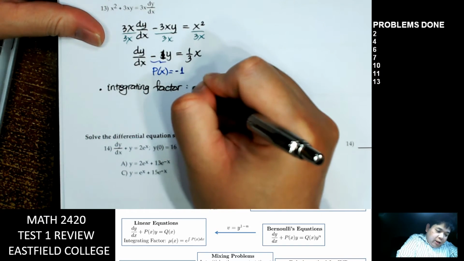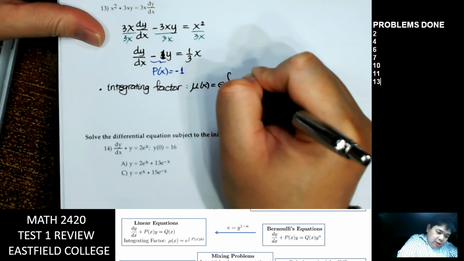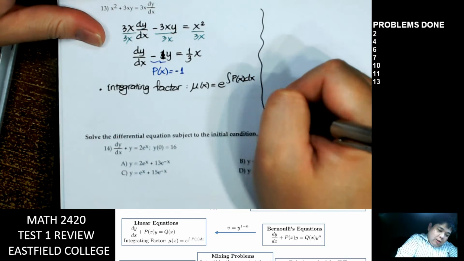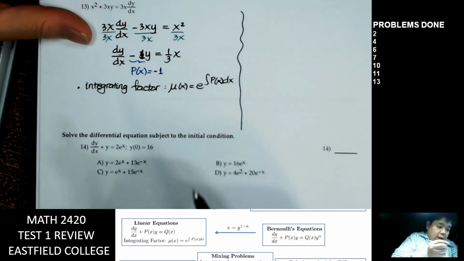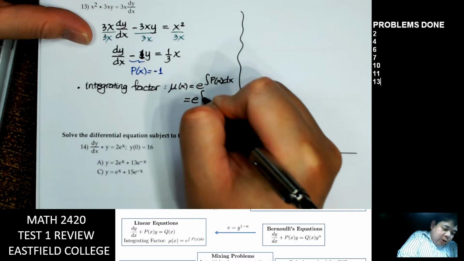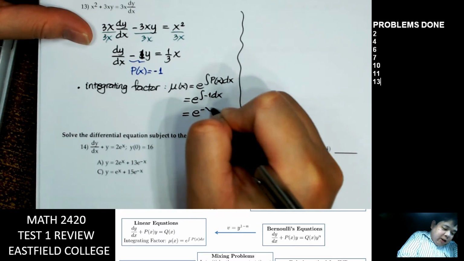Right. So it will be e to the negative integral of negative 1 dx, pretty much e to the negative x.